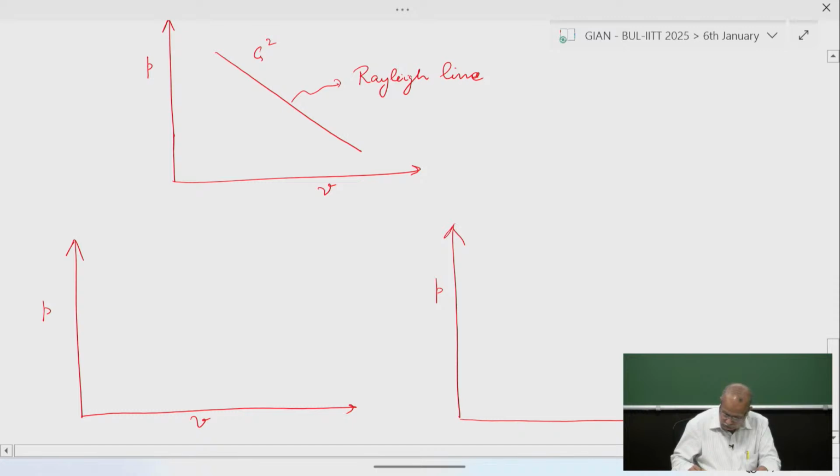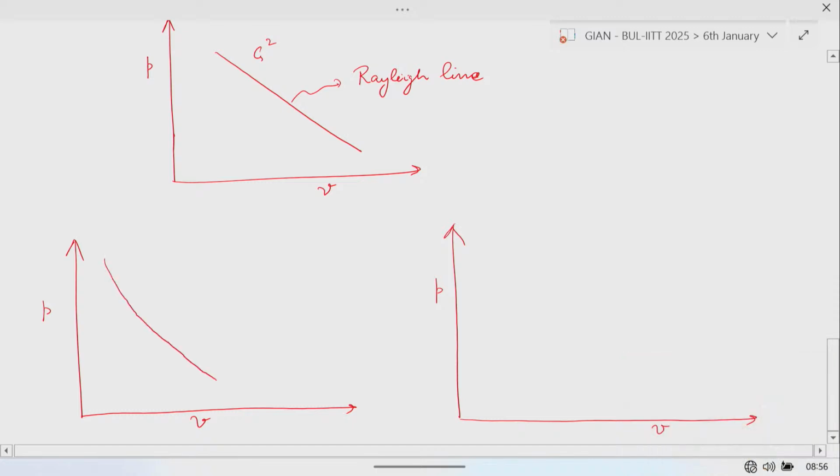On a P, specific volume chart, this is how the enthalpy line will be, and this is how the entropy line will be, very similar but with a small change.